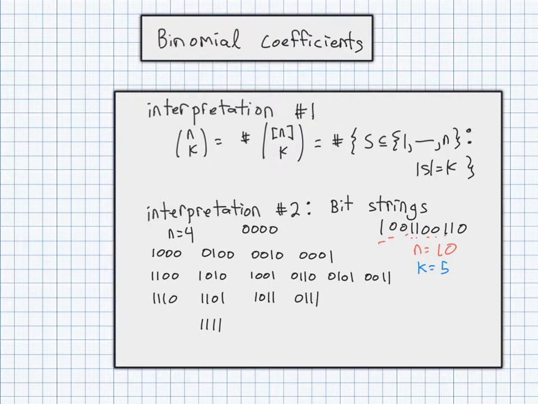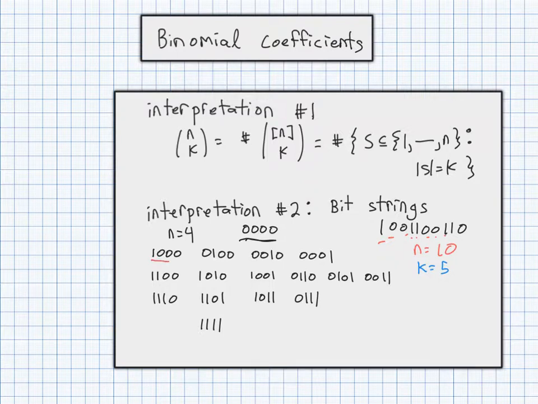And so here they are. When n equals 4, there are exactly 16 bit strings. You can verify for yourself that these are all 16 of them. And I grouped them by line based on how many ones there are. So we see that there's exactly one bit string of length 4 with no ones in it.